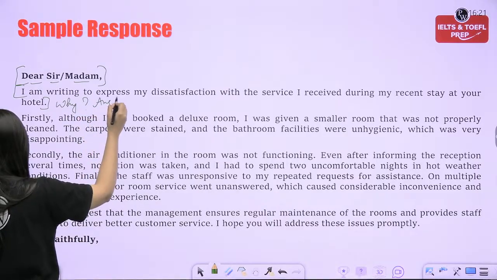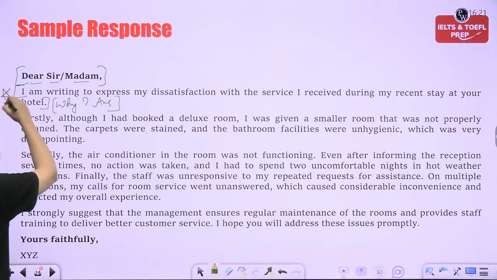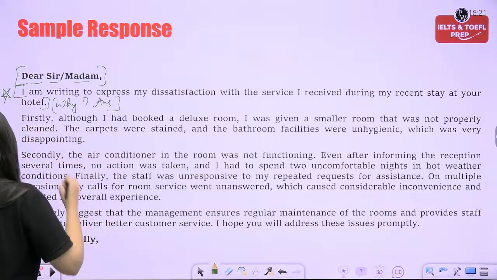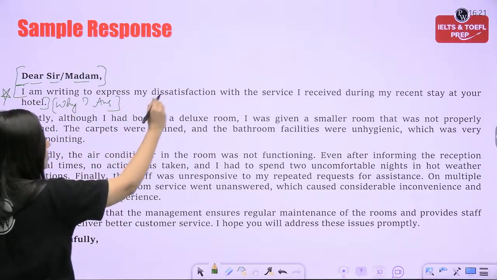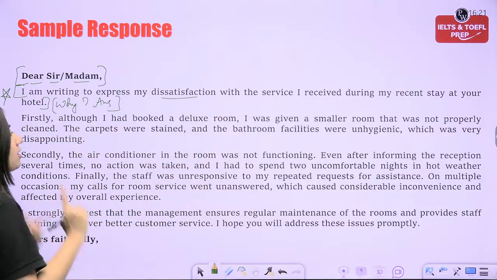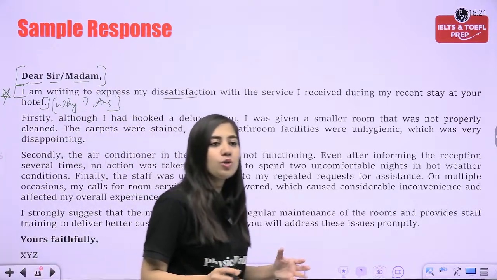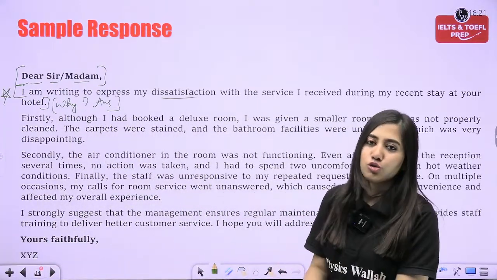The answer to why you are writing. This is a must. You must always have this at the very first go. So what is it saying? I am writing to express my dissatisfaction with the service I received during my recent stay at your hotel. This is the reason why you are writing. You must always give this at the very first go.